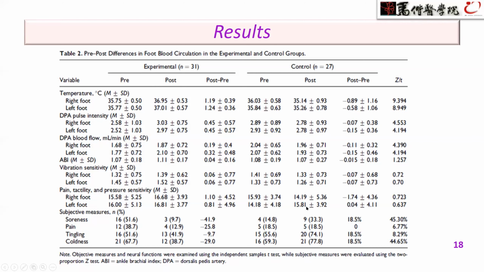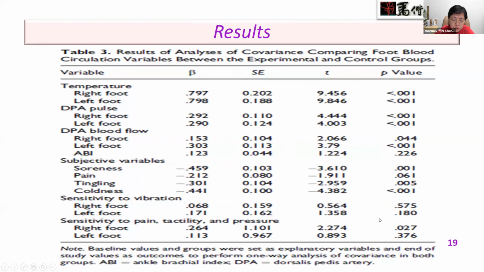Results on ANCOVA for the subjective variables of soreness, tingling, coldness, as well as the sensitivity to pain, tactility, and pressure in the right foot also show statistically significant improvement in the experimental versus control group.